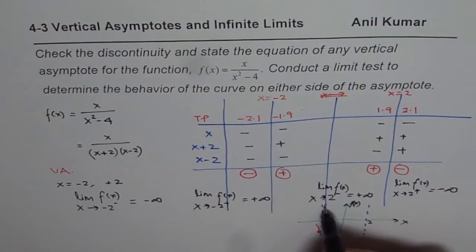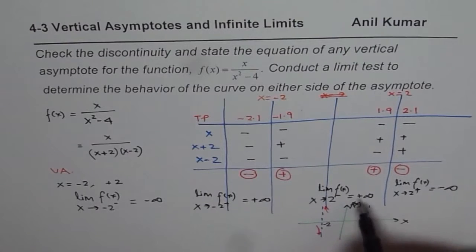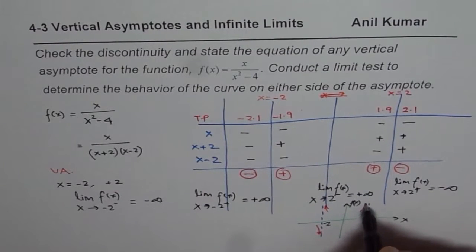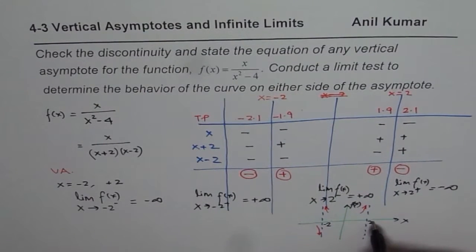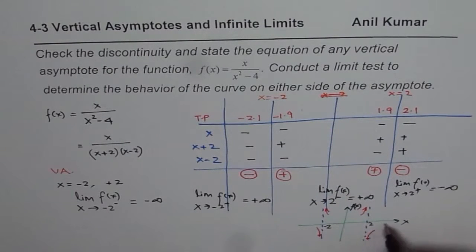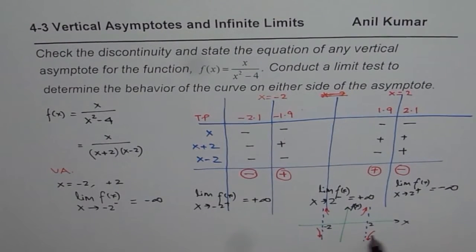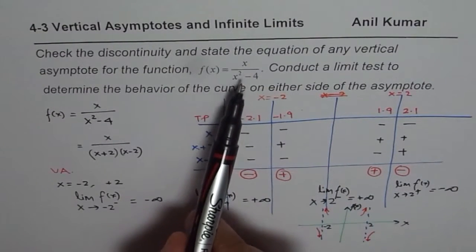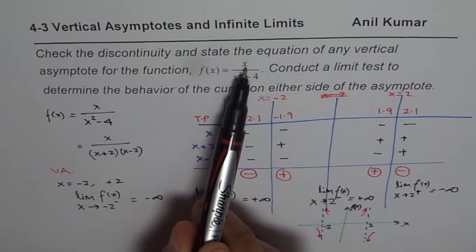On this side towards positive infinity. Do you see that? Here inside it is going to positive infinity, and on the right side it is approaching negative infinity. So that is the behavior of the curve for the function, correct? You can actually sketch the function. You can see here the horizontal asymptote is y equals 0.